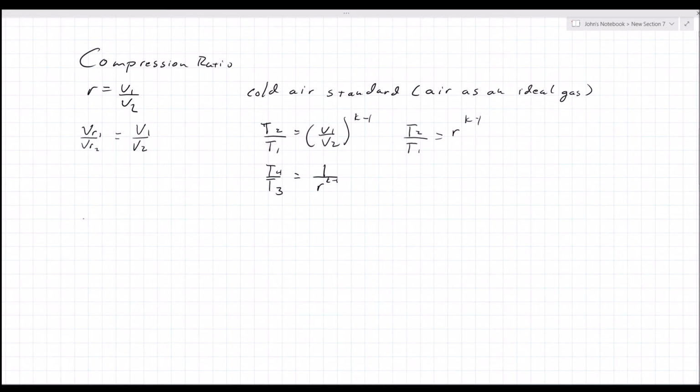Let's deal with, well, now what's the efficiency of the system? So we're going to say at cold air standard at constant volume, your efficiency equation becomes eta is equal to 1 minus the specific heat at constant volume times (T4 minus T1) over the specific heat times (T3 minus T2).